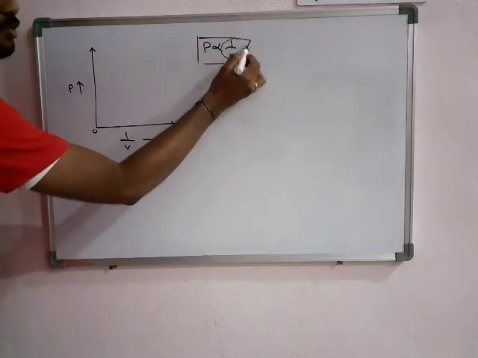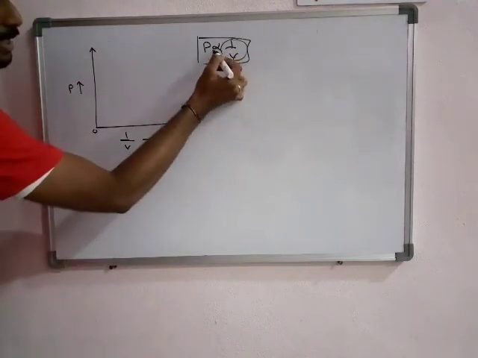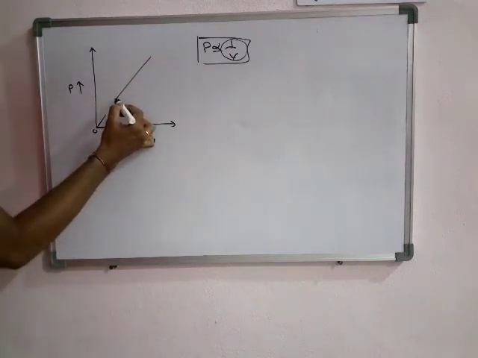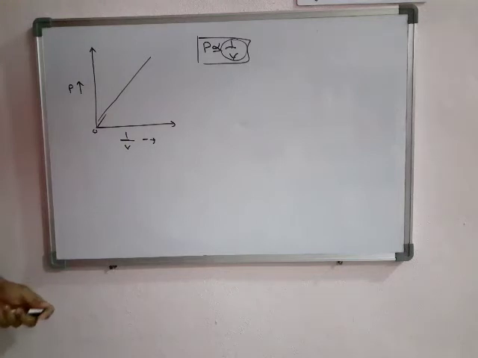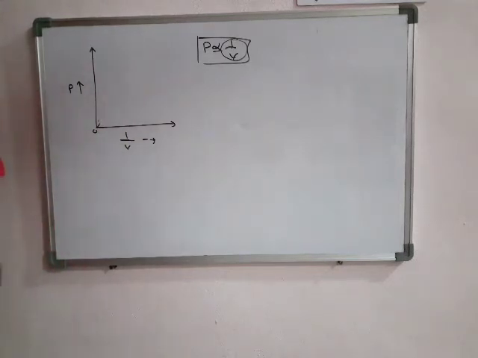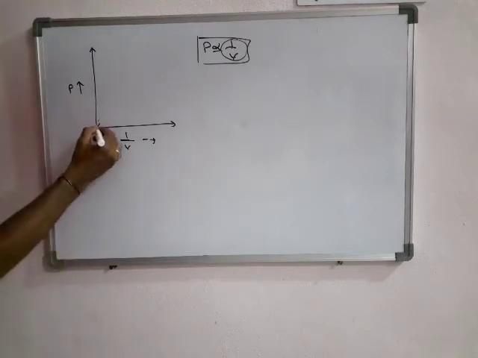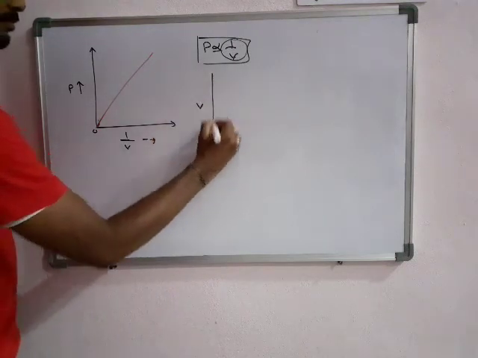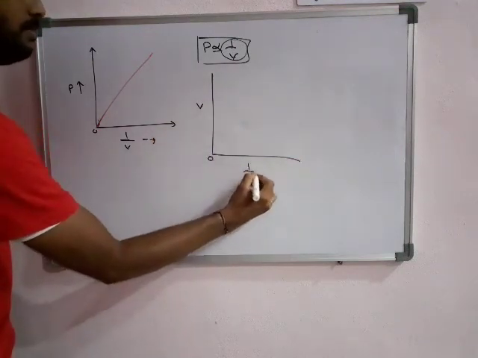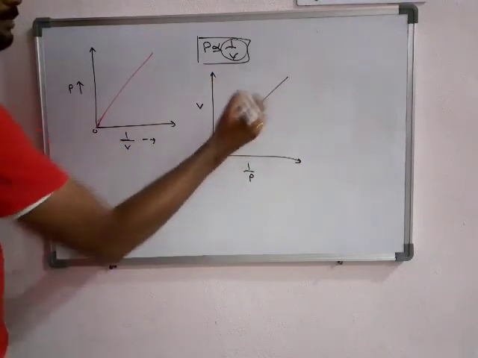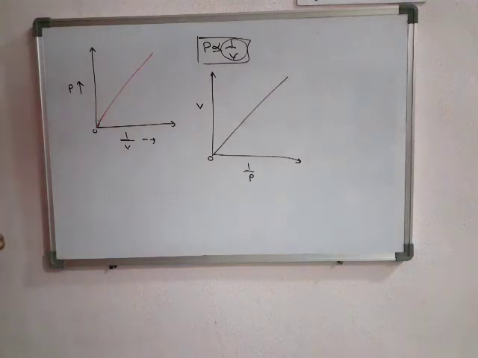But P is proportional to 1 by V, since we already took the reciprocal. So here we will get the graph like this, a straight line passing through the origin. Similarly, if you write V proportional to 1 by P, we will get the same type of graph passing through the origin.